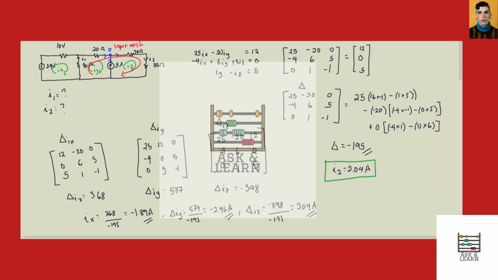Based on the mesh, we know that I1 is equal to Ix minus Iy. Substituting our known values for Ix and Iy, we have negative 1.89 minus negative 2.96, giving us a value for I1 of 1.07 amperes.